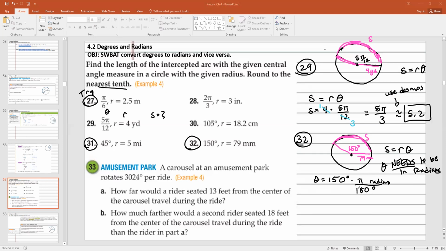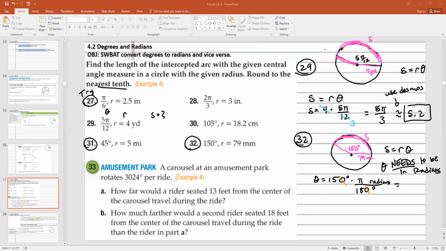It's either going to be pi or 180 on top, depending on which one you want. If you want radians, pi is on top. If you want degrees, 180 is on top. Then let's simplify that. Cancel out those zeros, and you get 15 and 18. What goes into both of those?